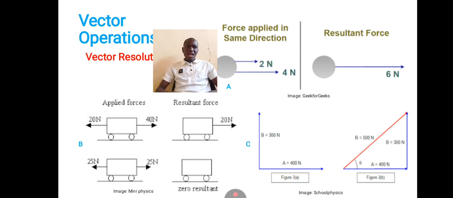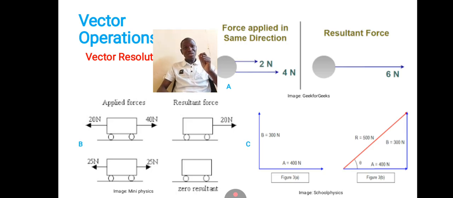Now, Pythagoras theorem says if you want to find the hypotenuse, you are going to say C square, or hypotenuse square, is equal to opposite square plus adjacent square. That is to say, this red line, which serves as the resultant force, which we are going to calculate.